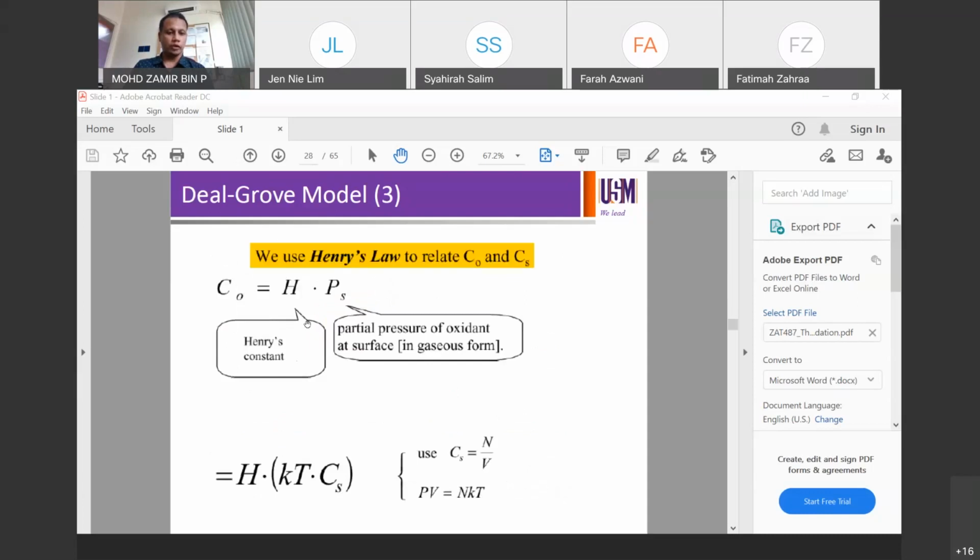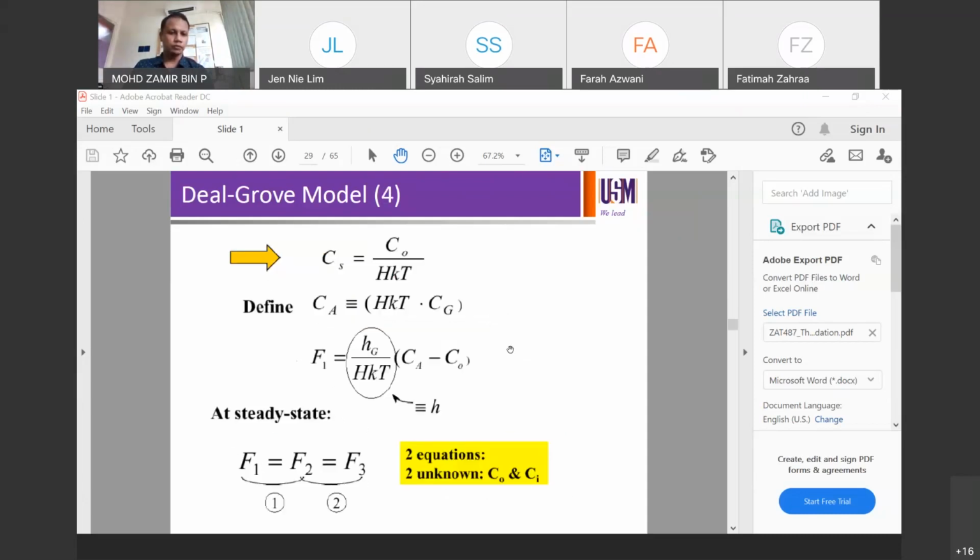Okay. So ni Henry's law yang kita pakai untuk relate during F2 punya flux calculation. You can see later on Henry's constant, partial pressure of the oxidant at the surface, and you can also relate this to the equation below. Okay, ni dia punya derivation lah. How do we get to the final one? So at steady state, F1 is equal to F2 is equal to F3.